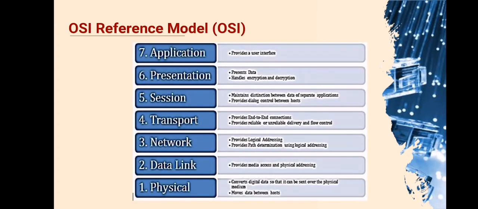We now go to the Open System Interconnection, or what we call the OSI reference model. The model uses layers to help give a visual description of what is going on with a particular networking system.